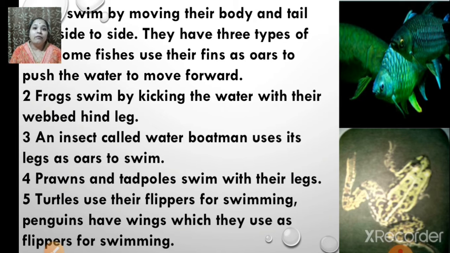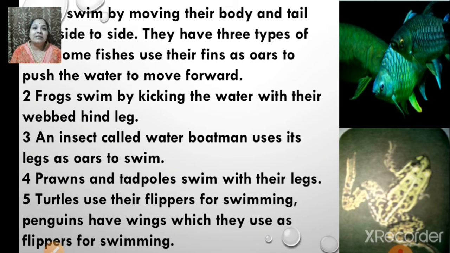Now, have you seen a frog swimming? How does it swim? A frog swims by kicking the water with its webbed hind legs. Do you know that the frog has webbed feet? So, it kicks the water with its webbed hind legs, meaning those which are behind. Now there is an insect called water boatman.